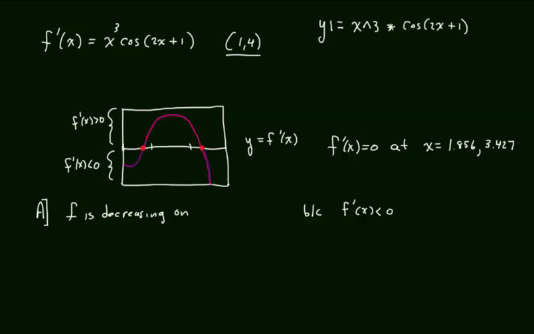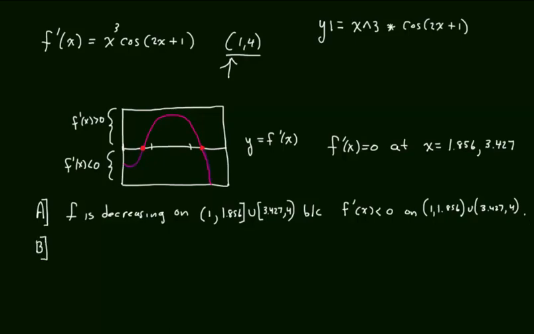So we will say that f is decreasing on, I'm going to use 1 in parentheses because it's not in the domain, all the way up to 1.856. I use bracket for standardization, and union with 3.427 all the way up to 4, which is also not in the domain. And that's because f prime of x is less than 0 on the open interval, as shown here.